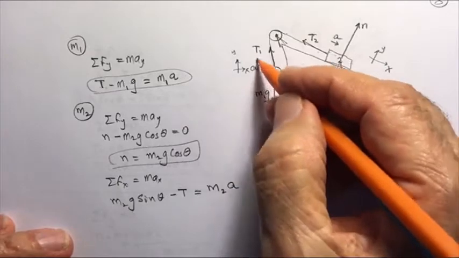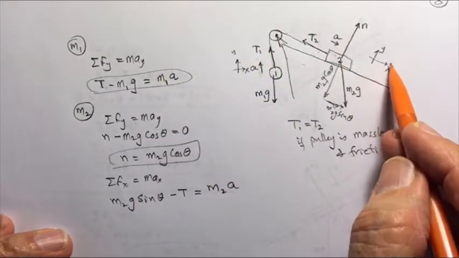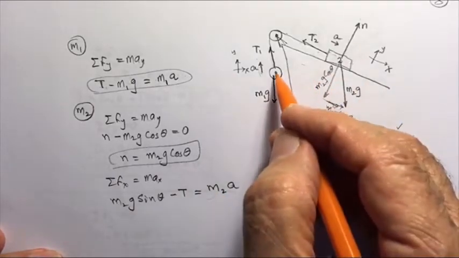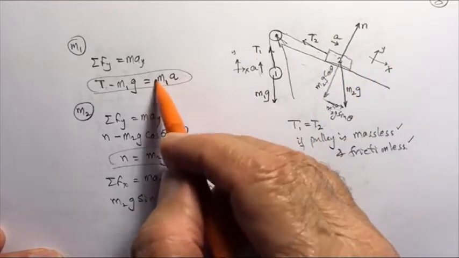Now this acceleration was positive, so we left it as a, and this is also positive because that's our positive direction, so we leave it as plus. If this were going down and this were going up, we would have written a negative here and also a negative here.